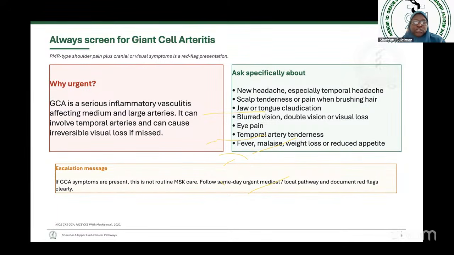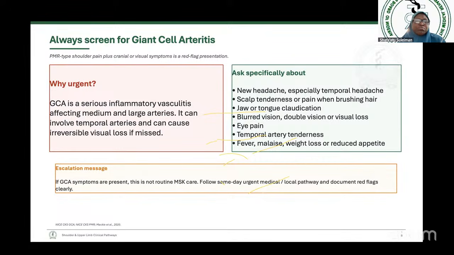So for giant cell arthritis, we need to ask specifically about headache, a new headache, especially around the temporal region, any scalp tenderness, or pain when brushing their hair.